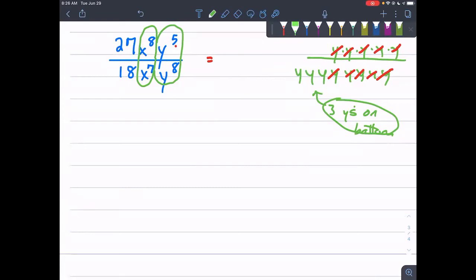So on this one, since we're going to have y's on the bottom, y to the third on bottom. And then that x to the first, the 8 minus 7, the x's are going to be on top. And then the 27 and the 18, we're just going to reduce those.